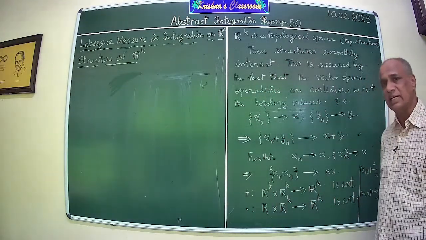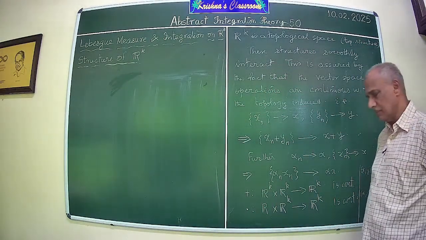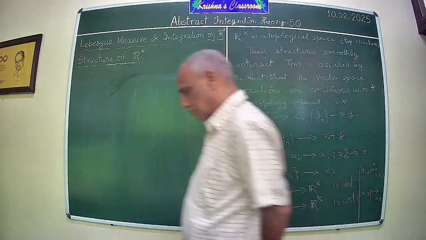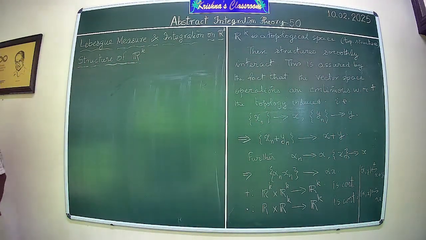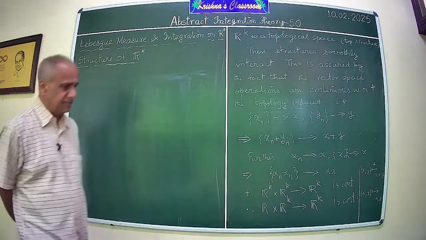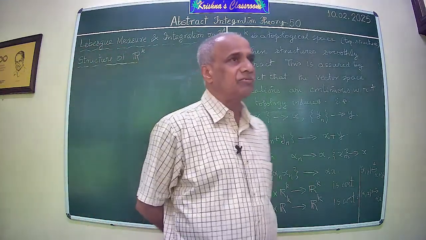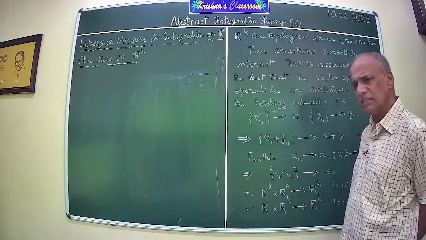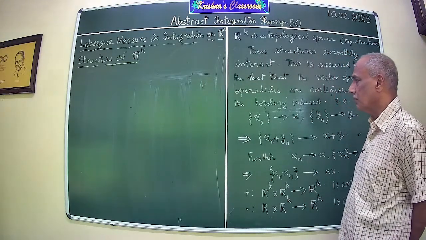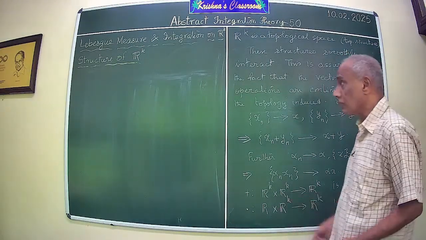It is translation invariant. That means if E is a measurable set and E plus x is its translate, then the measure of E equals the measure of E plus x. This is the property, so we prepare the ground for that.